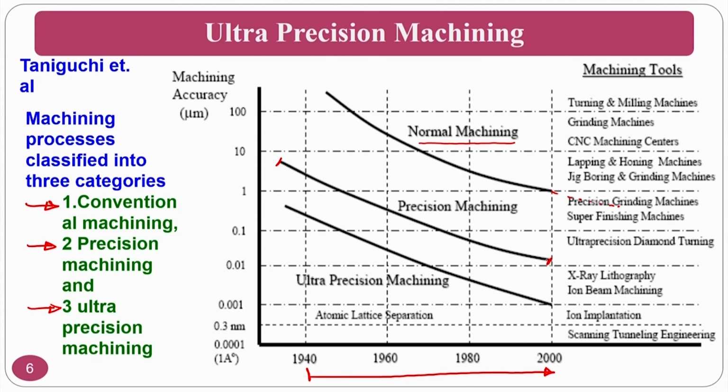Okay. So as it reaches 2000, if you are looking at 2020 and other things, it may go below 0.1 microns also. In ultra precision machining processes, it starts from less than 1 micron and is approximately 0.001 as per the year 2000.